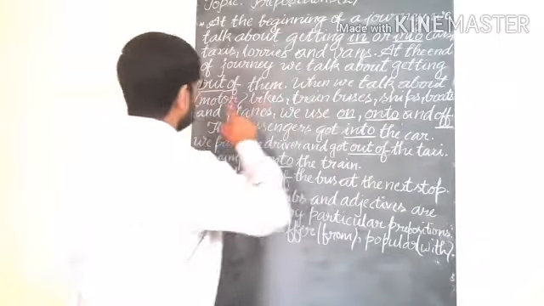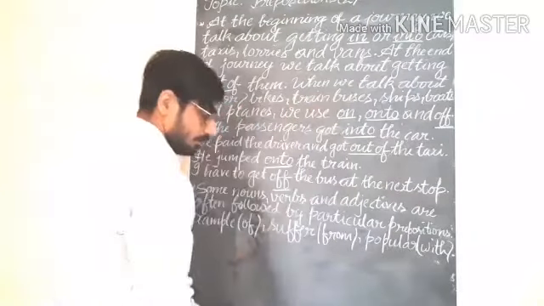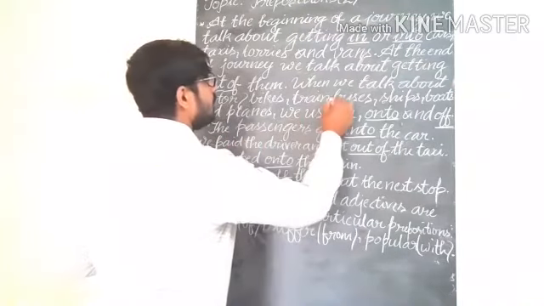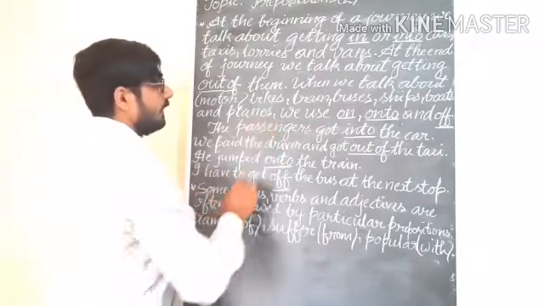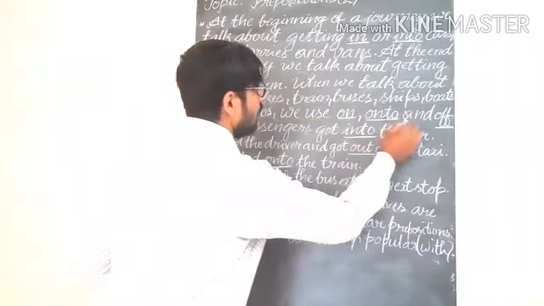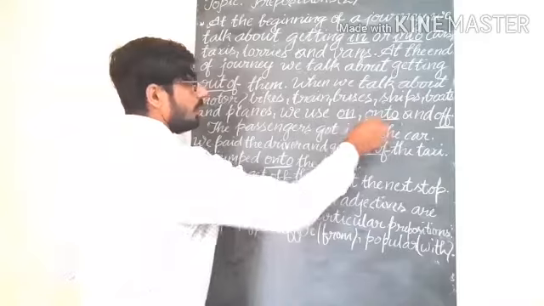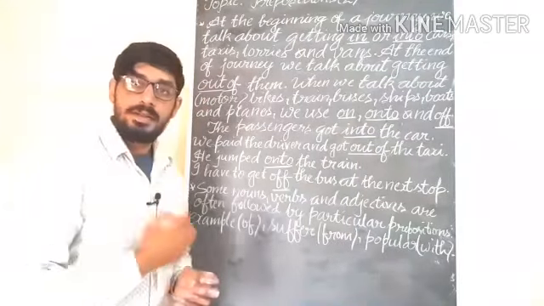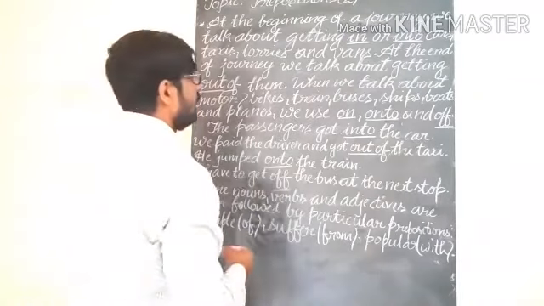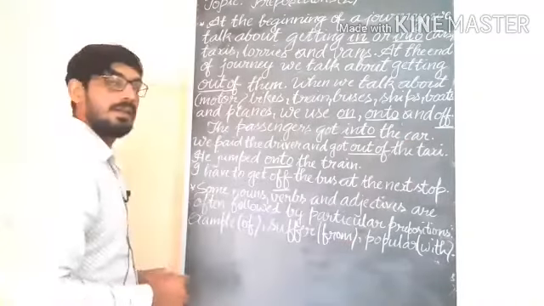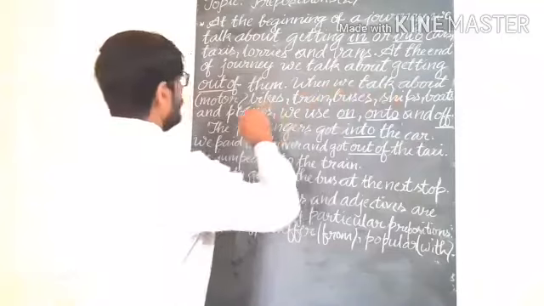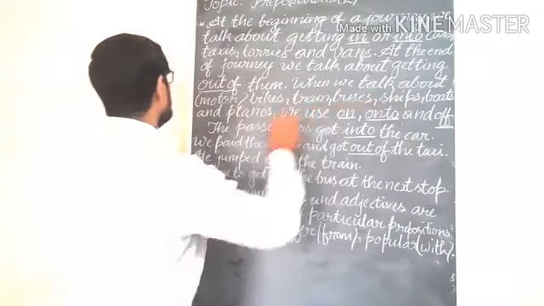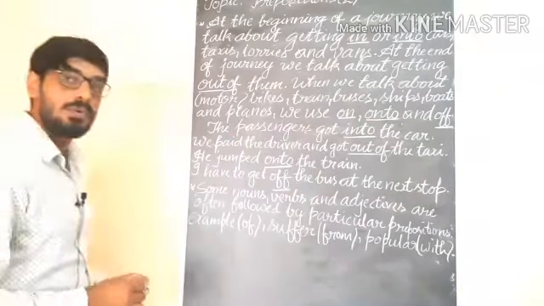When we talk about motorbikes, trains, buses, ships, boats and planes, we use on or onto when we enter, and off when we get off.